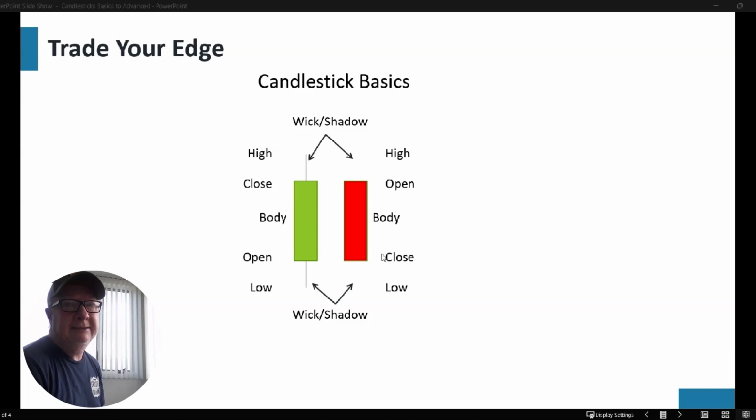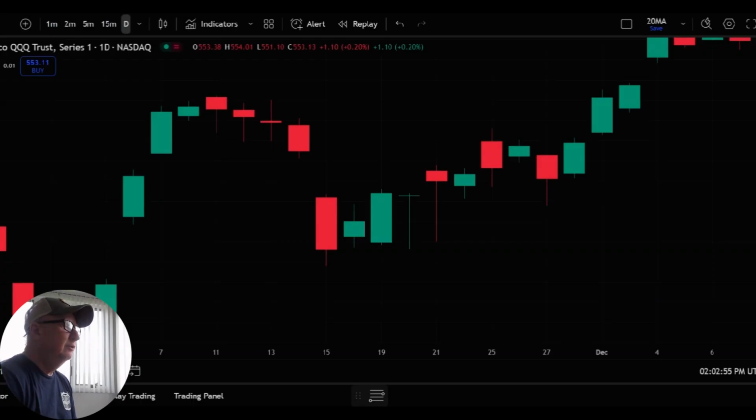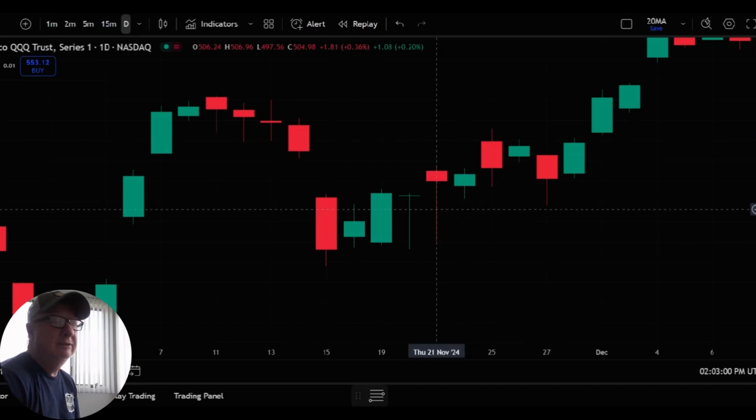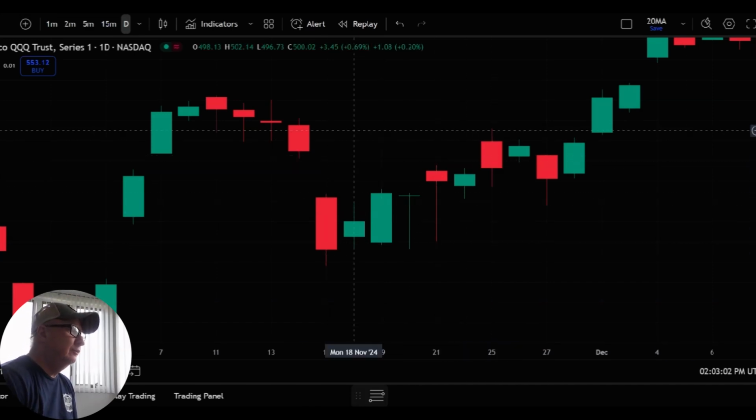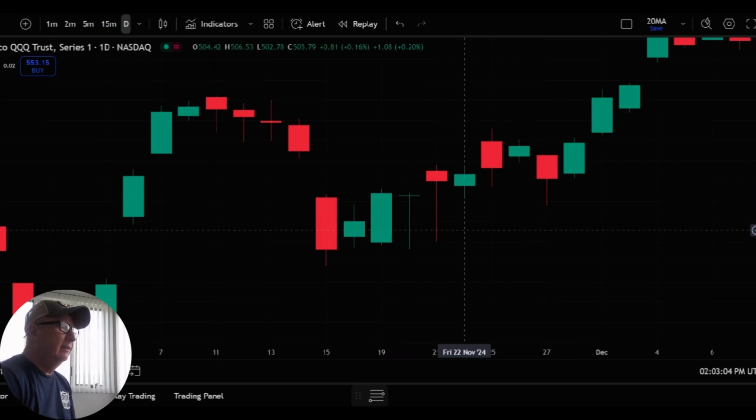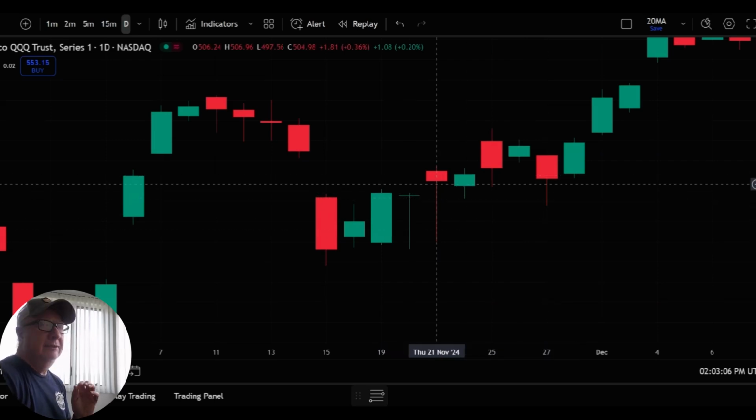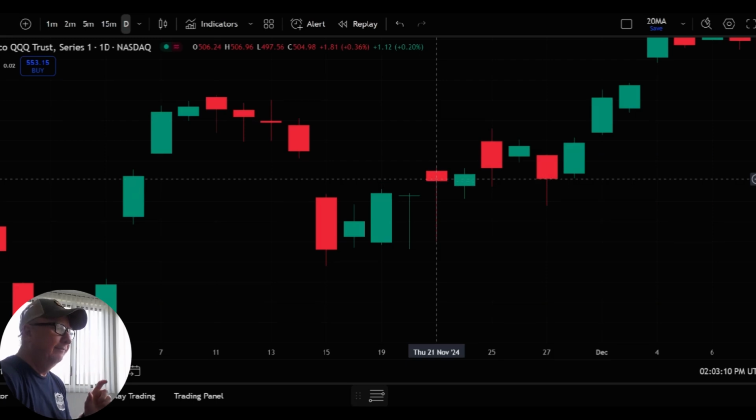So now that we've covered the basics, let's jump into some of those more advanced strategies. And to do that, we are going to look at candlesticks in their native environment, which is the stock chart. This is a TradingView chart. And the first thing we're going to talk about is the ratio of wick to body.